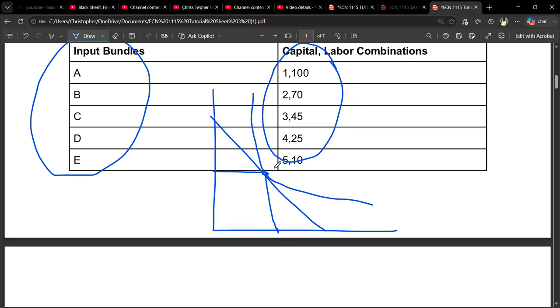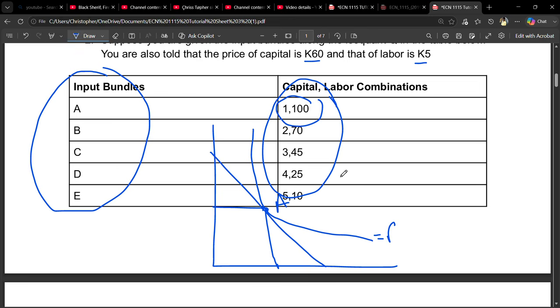So this bundle, if we are saying bundle A is there, it means that if we use this point, A will produce whatever we're going to produce as equal outputs. What we're saying is that an isoquant is simply a curve that shows various possible combinations of inputs that give the same level of output.